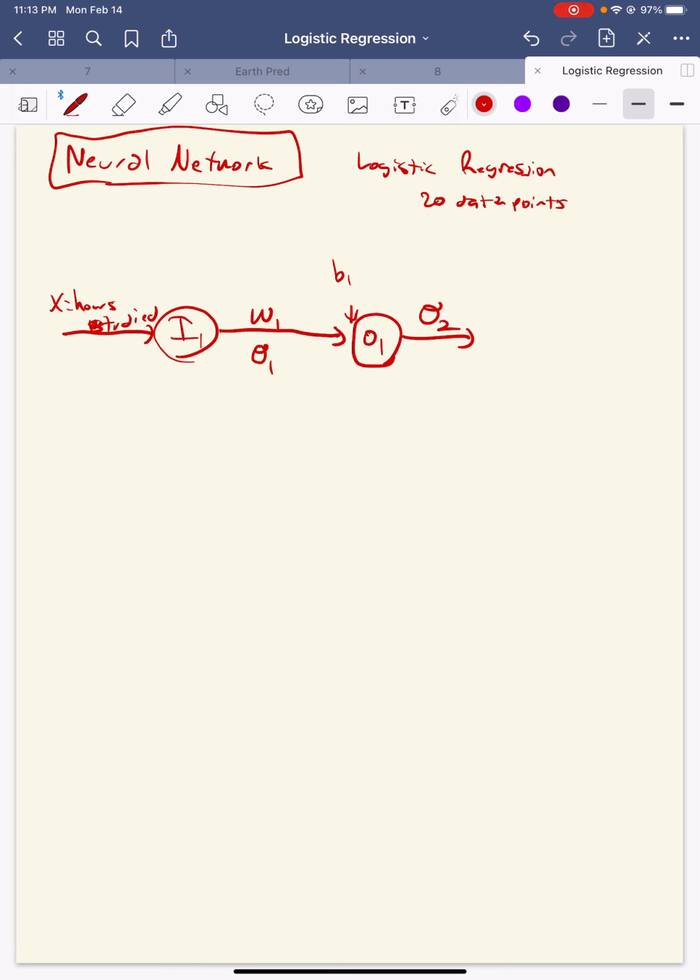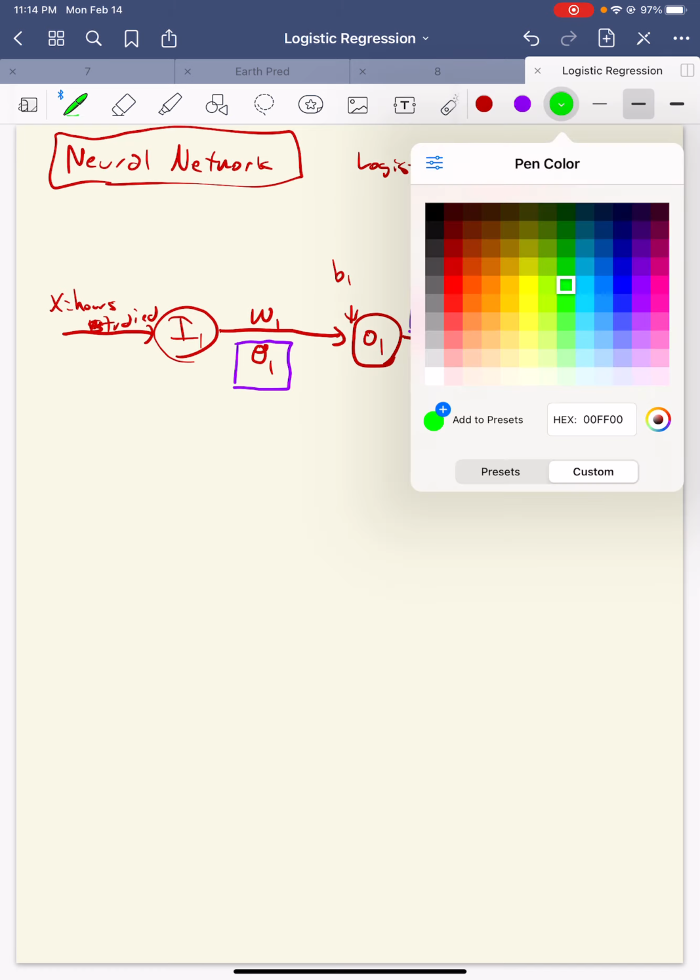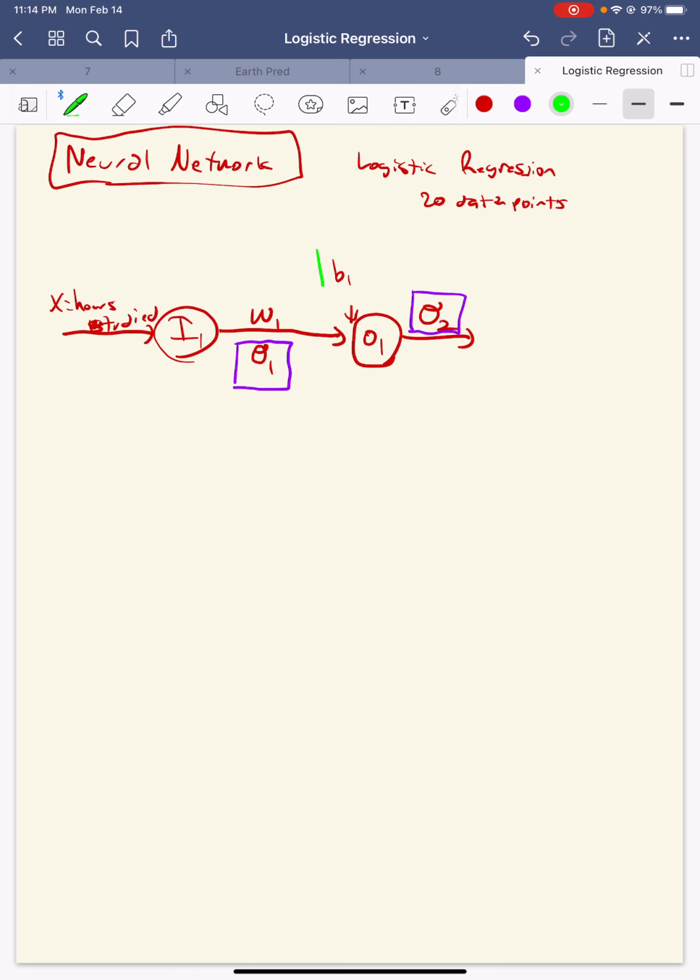You can pause the video here and see if you can tell me what sigma 1 and sigma 2 are. And also, if you want, let's do this in green. See if you can figure out what this B1 translated to in the previous video and what this W1 translated to. So you can pause the video here.